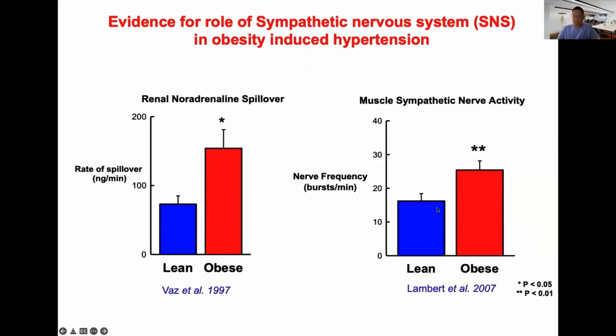Furthermore, Elizabeth Lambert's group also have shown that using the muscle sympathetic nerve activity recording, the patients with obesity showed increase in the muscle sympathetic nerve activity.